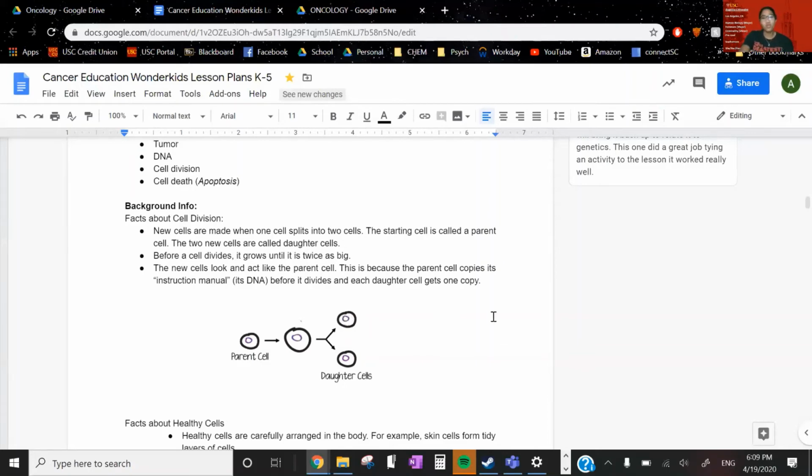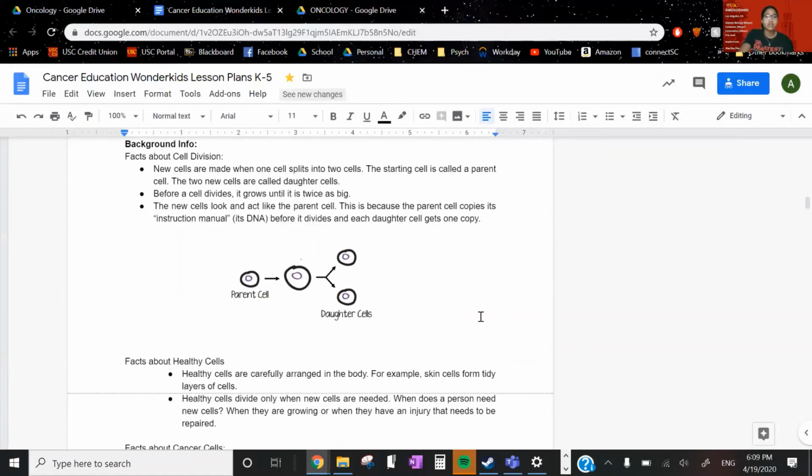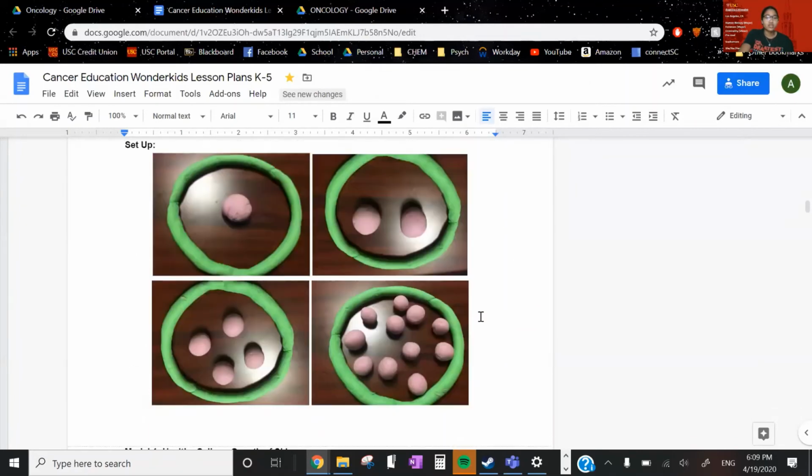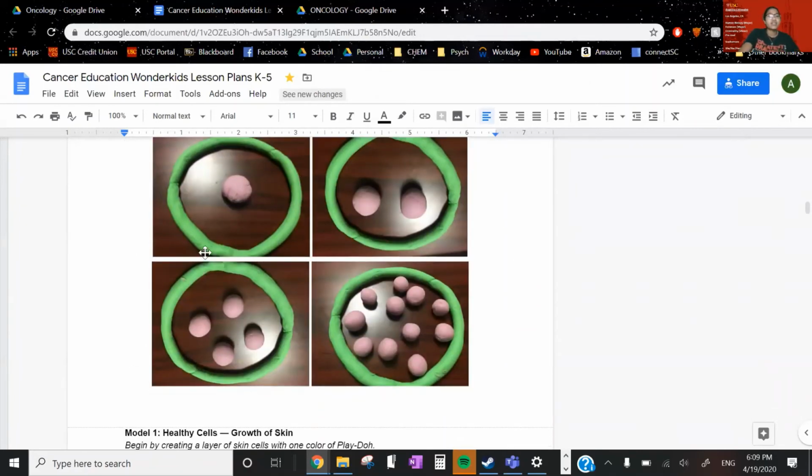We don't want uncontrolled division. The way we demonstrate this with the students is by having your cell membrane out here, or not cell membrane, but just the body. That's what it represents. And this is your cell.